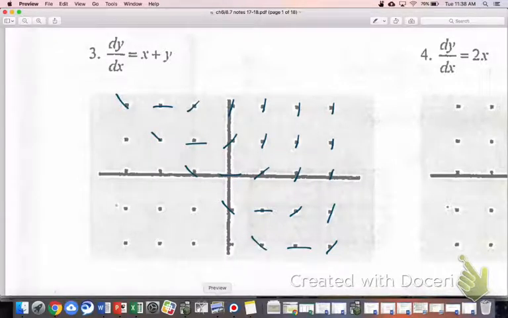Upper right segment. Does that look good? Kind of that upper right area, more or less. Really steep, man. Yeah, it's tough. Those are tough to do. Let's see here.